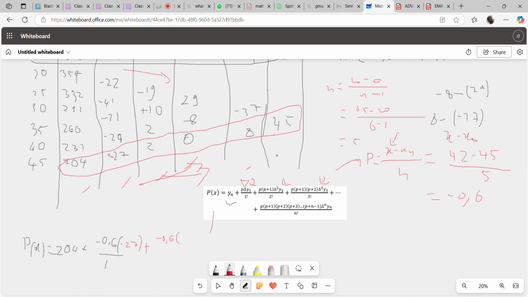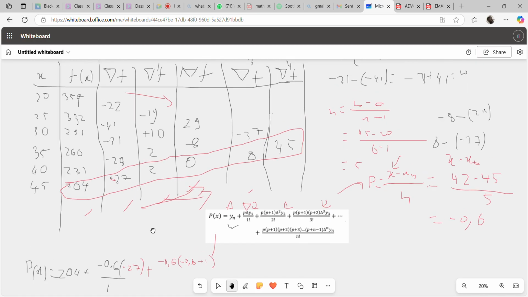When it is delta showing like this, it is forward, but it doesn't matter. What's important is how we do it. Now, P is what we solved here. P plus 1 is minus 0.6 plus 1. Now, what is delta square, Pastor? You simply come to your guy here.